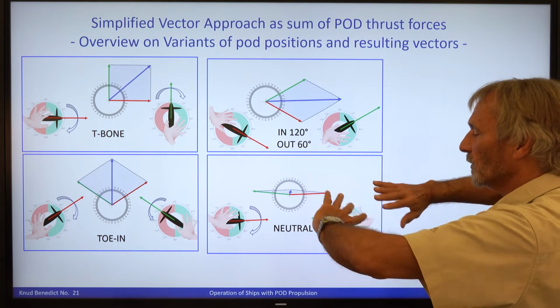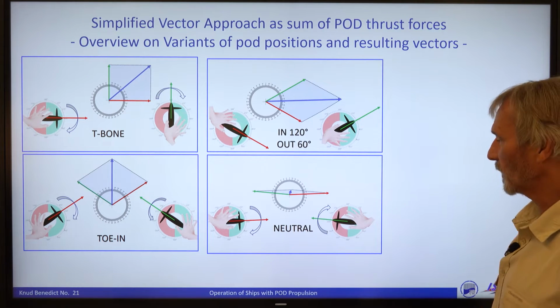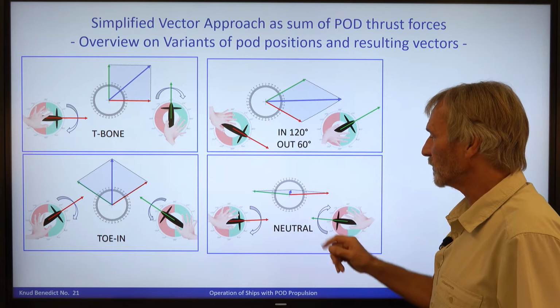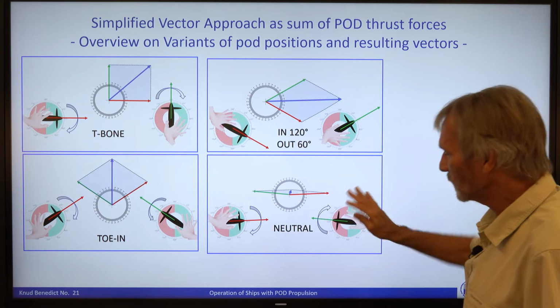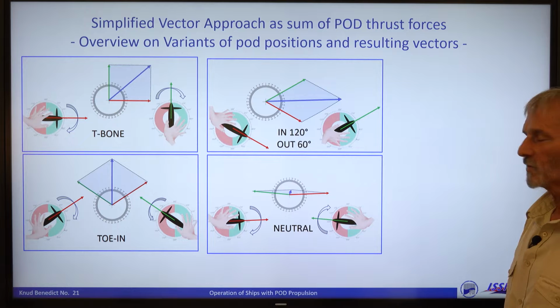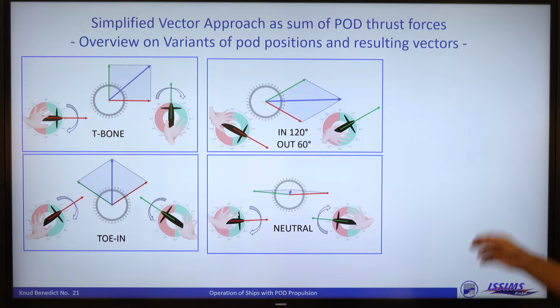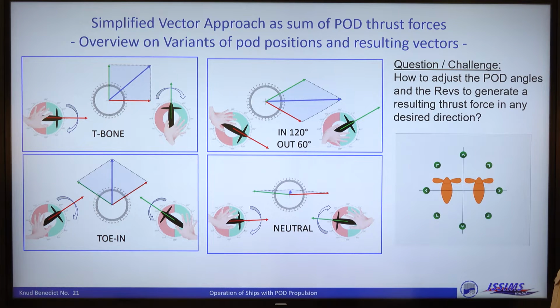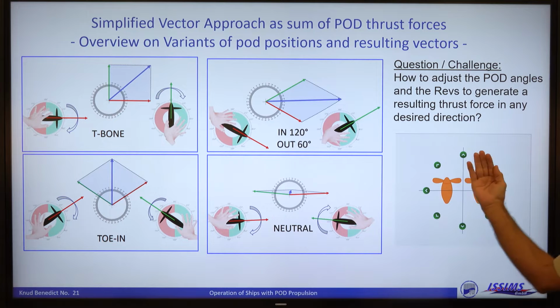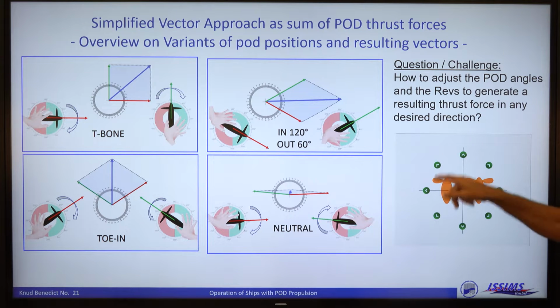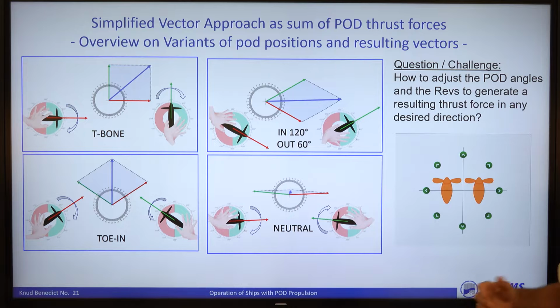If the pods are turned further inward, then there's no resulting thrust, only a little bit if you modify this configuration a little bit. So the challenge and the question is how to adjust the pod angle and the revolutions to generate resulting thrust in a certain direction and with a certain power.